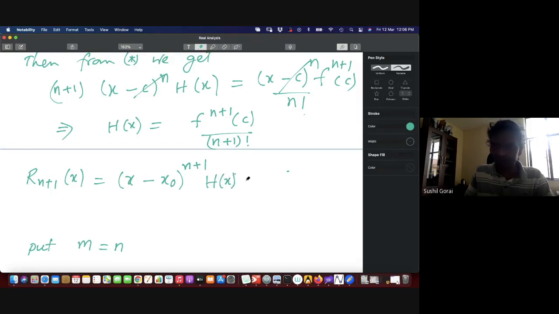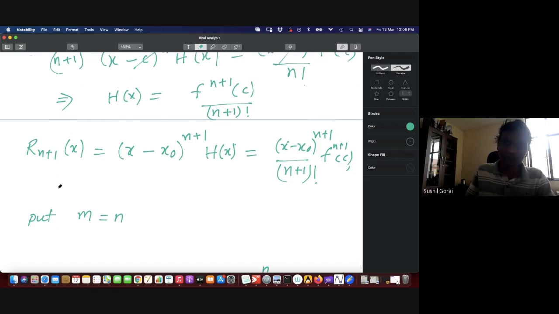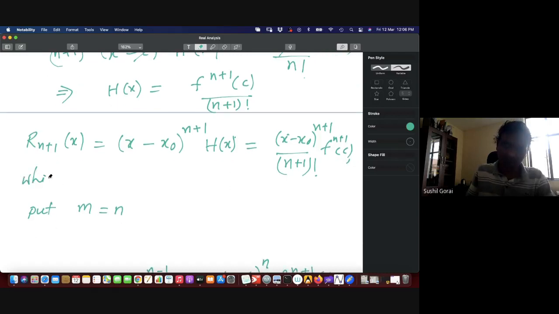M equal to n plus 1. So this is (x minus x naught) power n plus 1 by factorial n plus 1, f^(n+1)(c), which is the remainder in Lagrange's form.